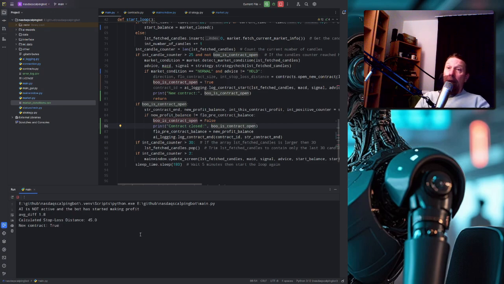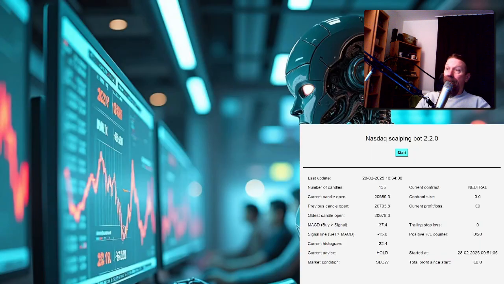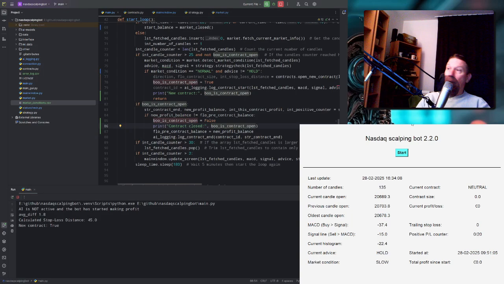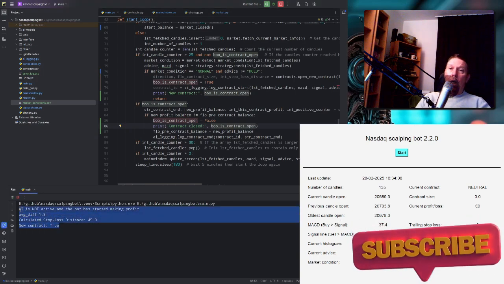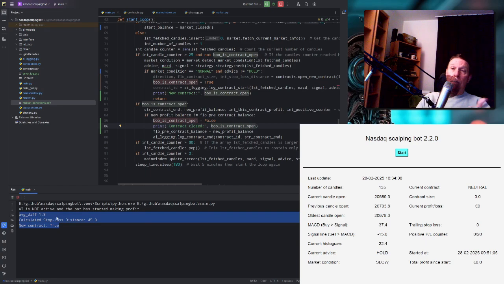If we look at the bot, we see that the bot had a buy or sell, and I don't know what. Let's take a look in the code. No, you cannot see. You can only see that a position was opened, but I cannot see if it's a buy or sell.